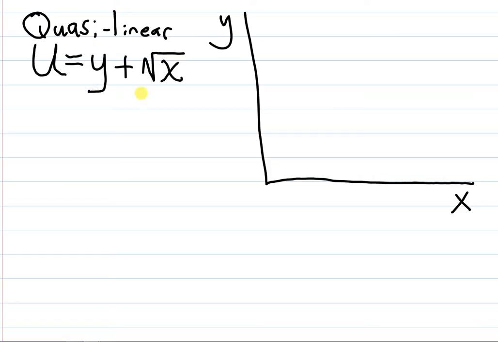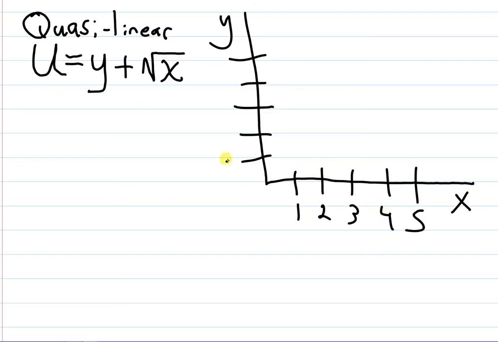Well, let's think about a couple of points on a quasi-linear indifference curve that we might look at here. Let's just draw a couple of numbers here. 1, 2, 3, 4, 5 x and 1, 2, 3, 4, 5 y. So let's think about the situation. What if we had, I'll do a green point here. What if we had 4 x's and we had 1 y?